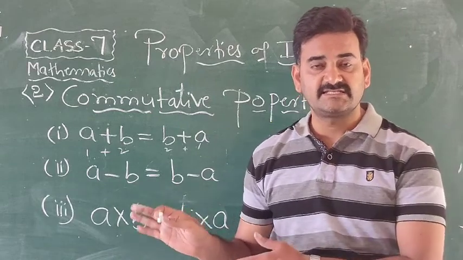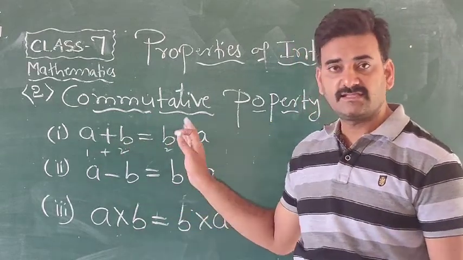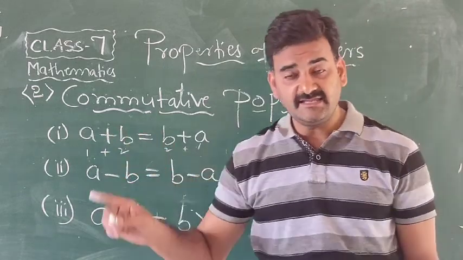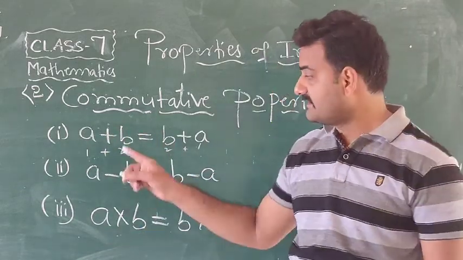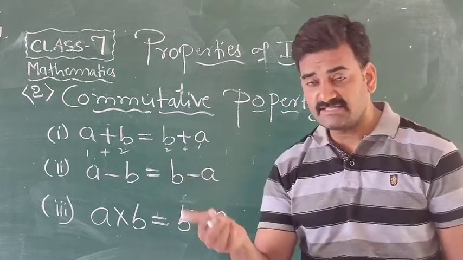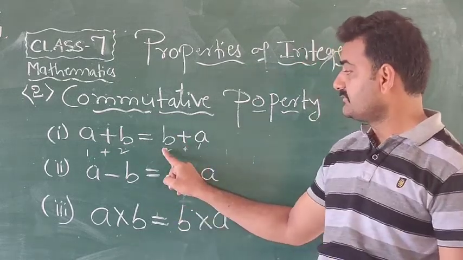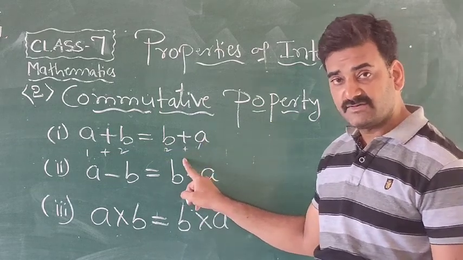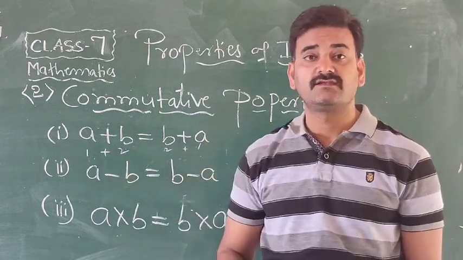So it is satisfying. 3 is equal to 3. You are all understanding? So take any number A and any number B, add it, and when you reverse it, you write B here and A here. Here also when you add, you will get the equal number.